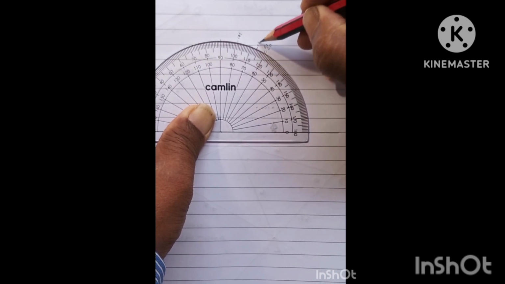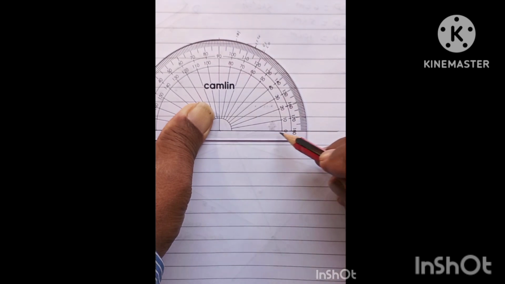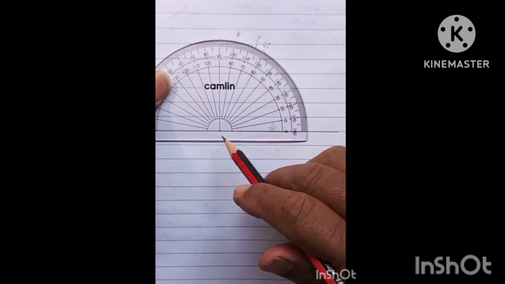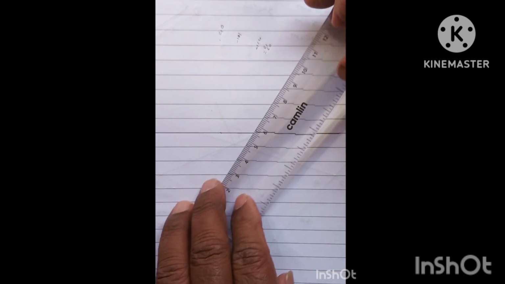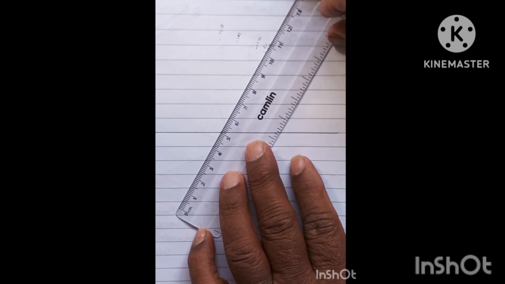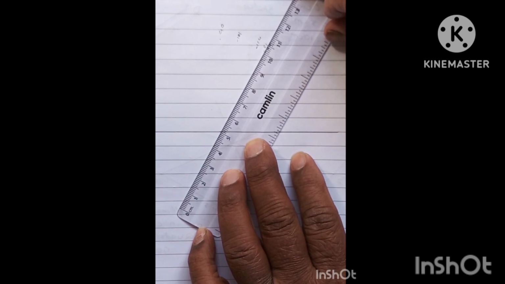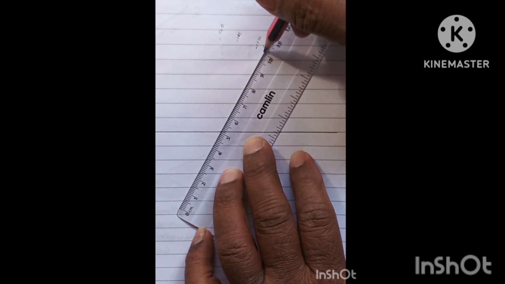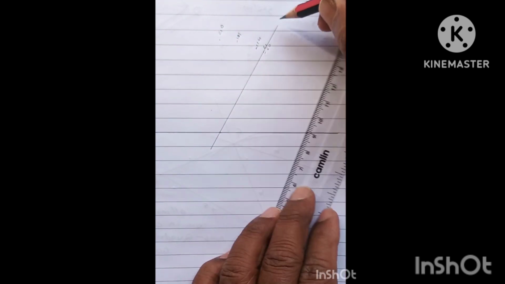You can even check by expanding the screen and study how to take it. I have written 90 there. Now joining these 2 points, they should be joined correctly. I've seen that this point lies on the line.